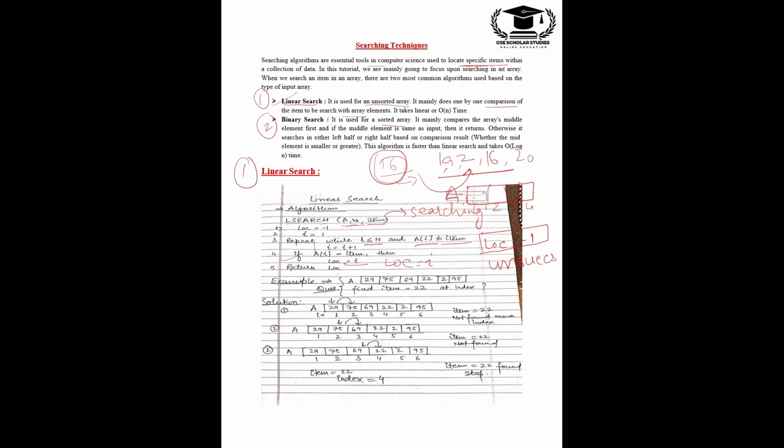These are the steps of the linear search algorithm and how it performs while searching for a particular element. Let's start with an example. Suppose the given array A is 29, 75, 69, and so on, and we want to find the item 22, then find the index of this item in the array. Indexing starts from 1, 2, 3, 4.